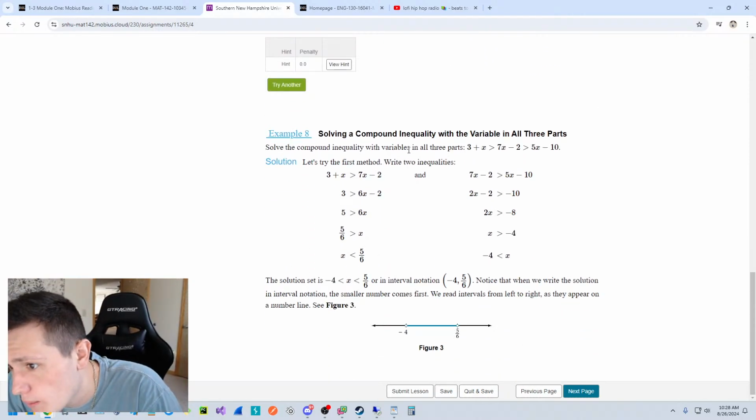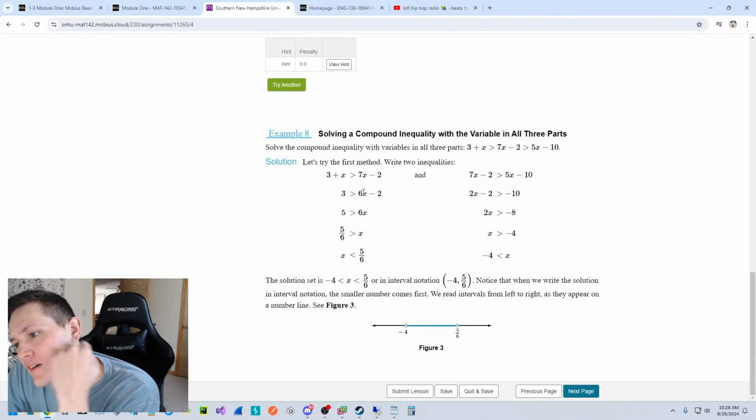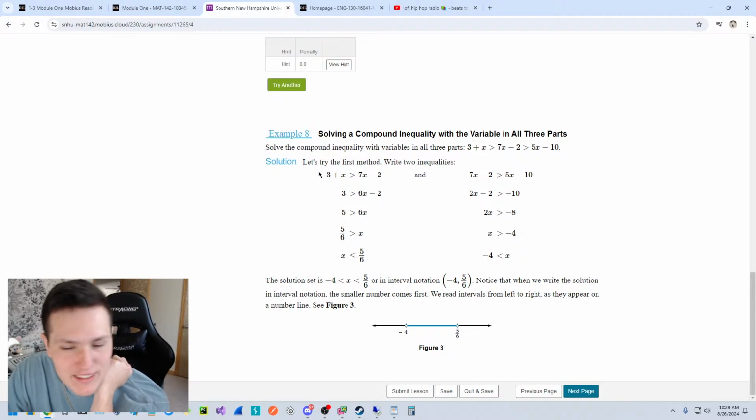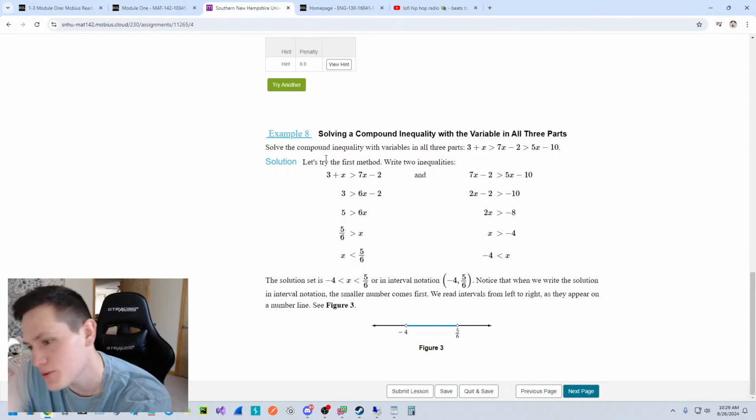Solving a compound inequality with the variable in all three parts. So, solve the compound, part 3. Fuck this method. I don't like doing this. I want to only focus on the other method. And this is another thing I don't like about math, is there's multiple ways of doing different things. I hate that. Let's stick to one standardized way to do everything.